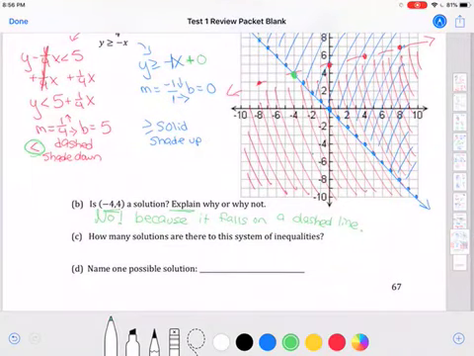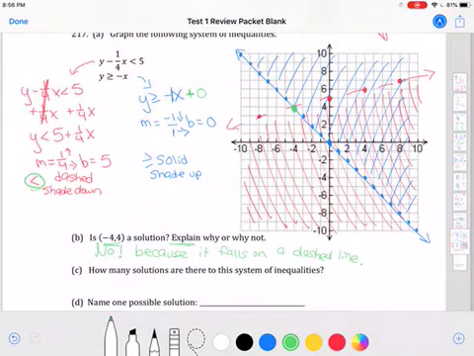Okay, talking a little bit further about solutions, part C, how many solutions are there to this system of inequalities? Well, you need to know where the solutions fall for that. Every single point in the double shading is going to be a solution to the system. Remember, system means two or both of them. They only have something in common right here in this double shaded area.